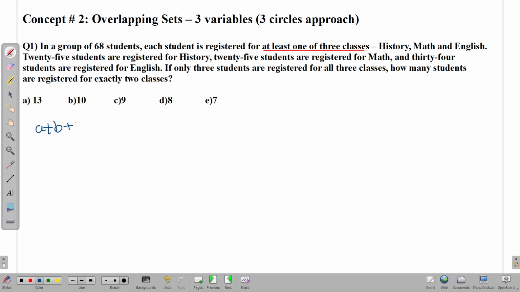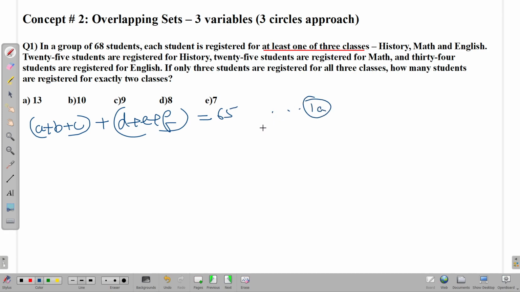A plus B plus C plus E plus A plus G, but I'm just taking G out and taking 3 out from both sides, 65. Let me call this my equation 1A, first equation.